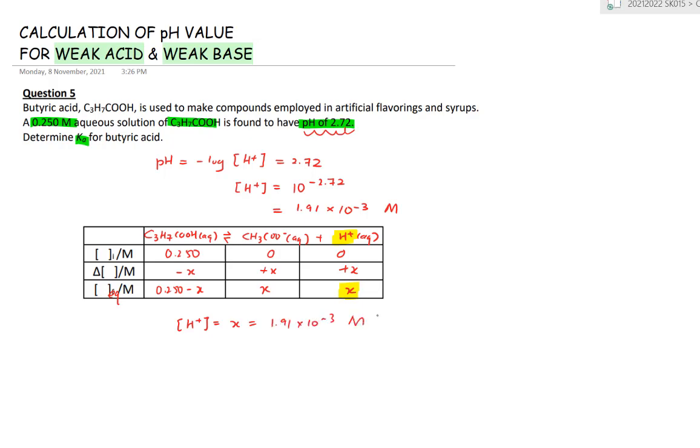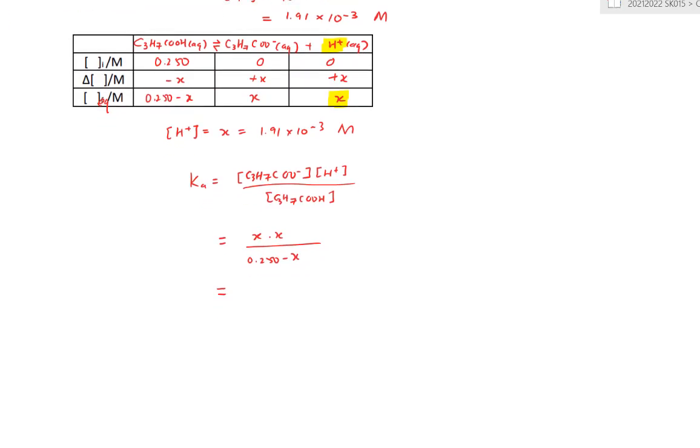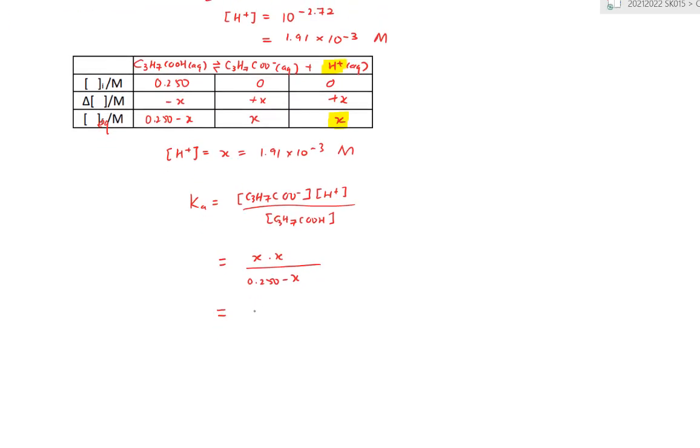So constructing your Ka expression. A little bit of correction over here, this one is C3H7. So for the Ka expression, you have the conjugate base on the top and H plus on the top, and on the bottom you have the weak acid, C3H7COOH. So X times X over 0.250 minus X. Since the value of X we have already calculated, we just fill in the blanks.